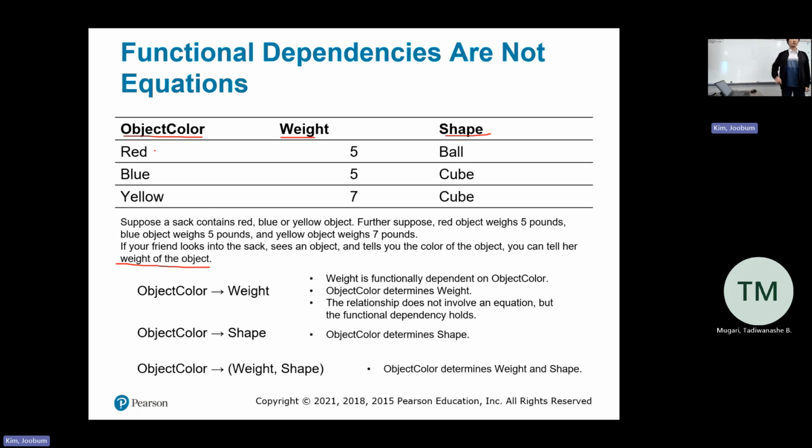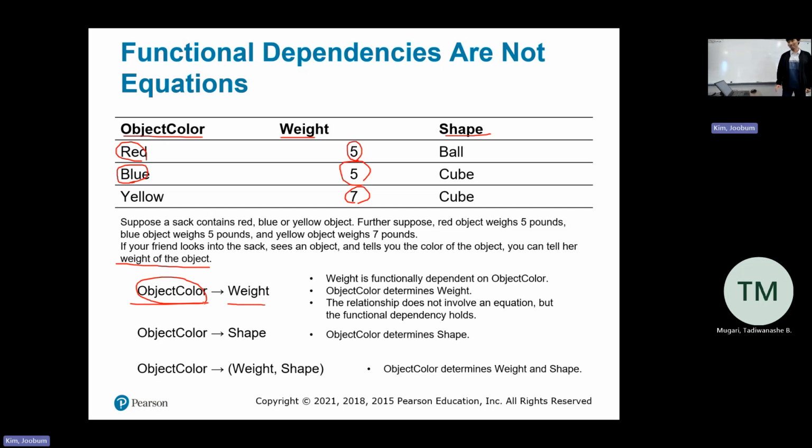So if Christina picks one red, you can say the weight is 5 pounds. If you choose blue, it's 5 pounds. Yellow, it's 7 pounds. So the weight is functionally dependent on what? Color. In other words, object color determines weight. So object color is what? Determinant.